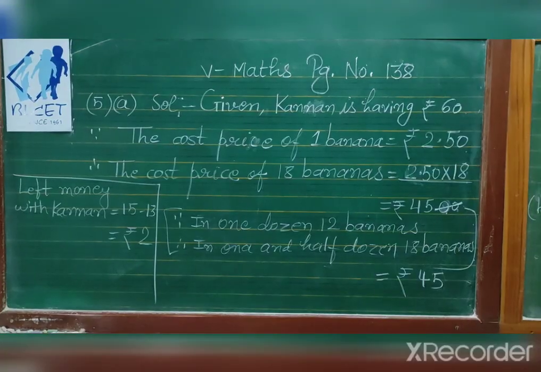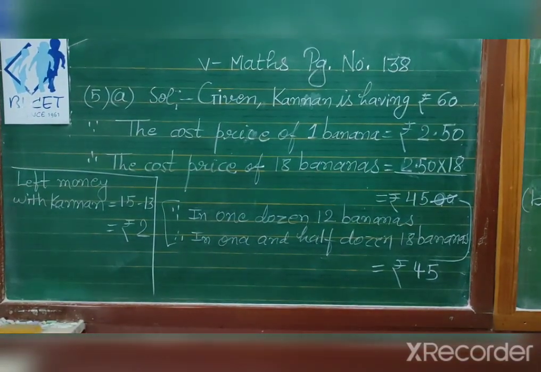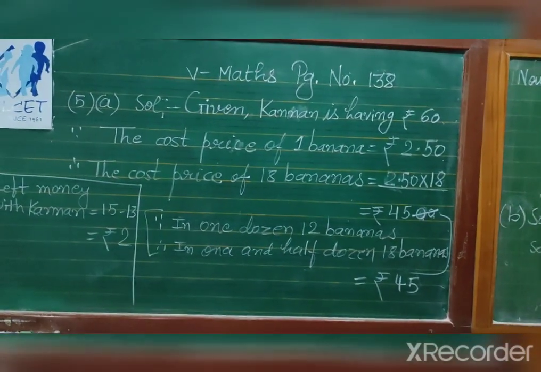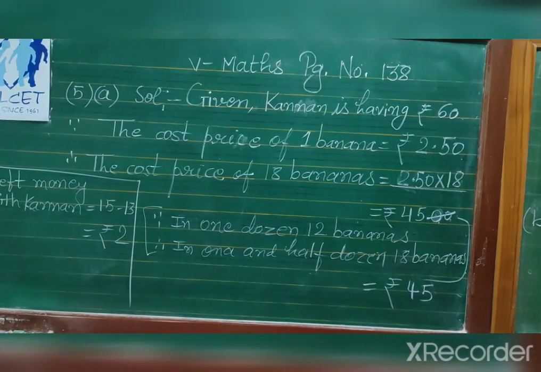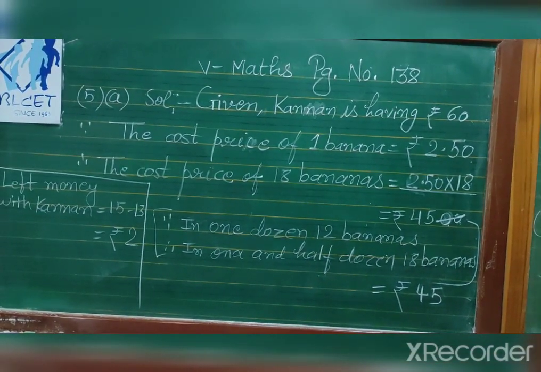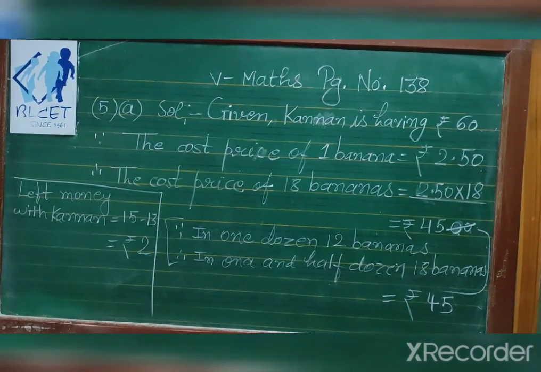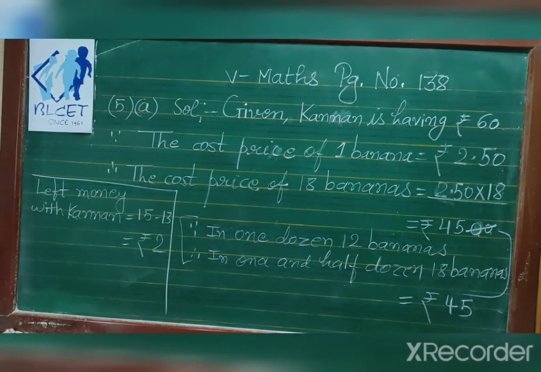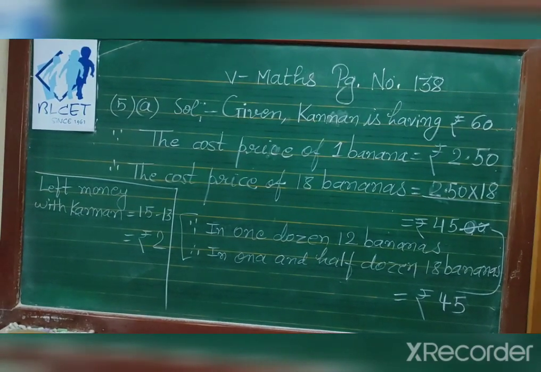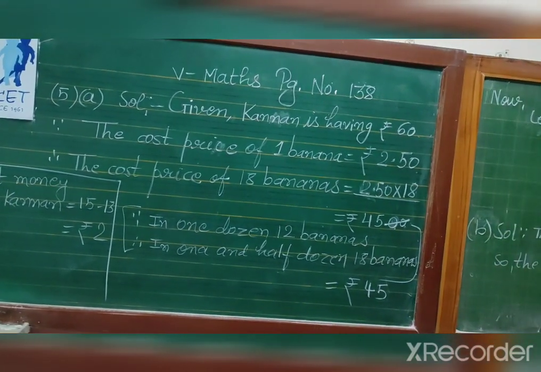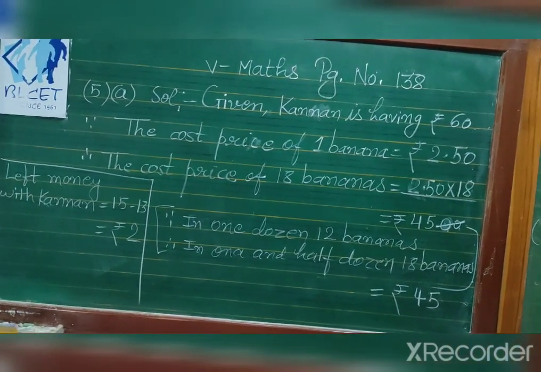Okay. Now see the fifth question, it's given. Kannan is having rupees 60. Her sister, or his sister, is giving him rupees 60 and tells him to purchase 1.5 dozen bananas. If he has money left, then he can purchase a pen.